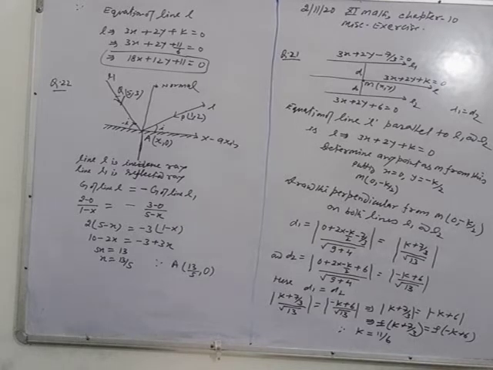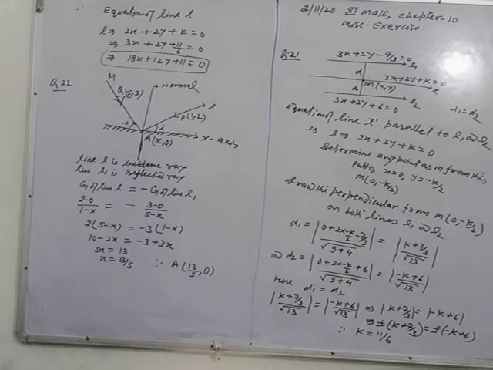Now find the distance from point M on L2 by the same formula. The formula you know: ax1 plus by1 plus c upon root of a square plus b square. Means putting the coordinates of M in equation L2 and dividing by root of a square plus b square.